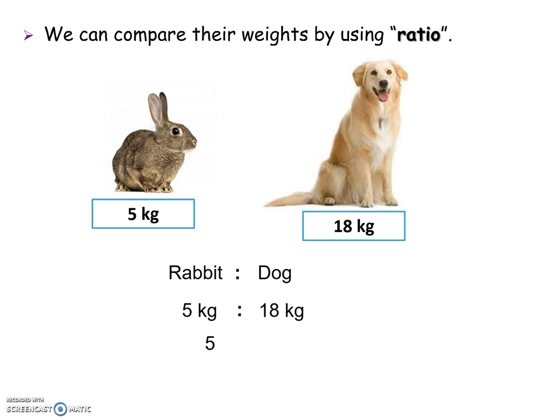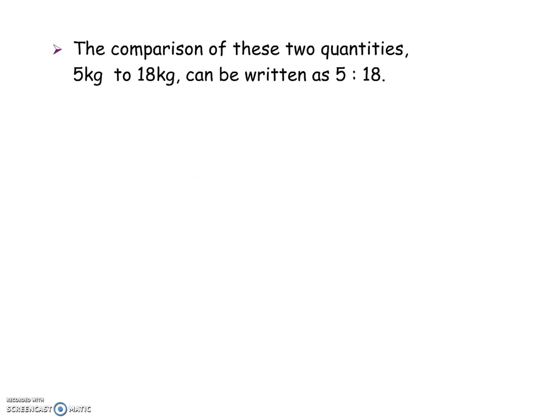So we just ignore the kilograms, since they are both using similar units. We just take the 5 and the 18. The comparison of these two quantities, 5 kg to 18 kg, can be written as 5 and 18, and it is called ratio.